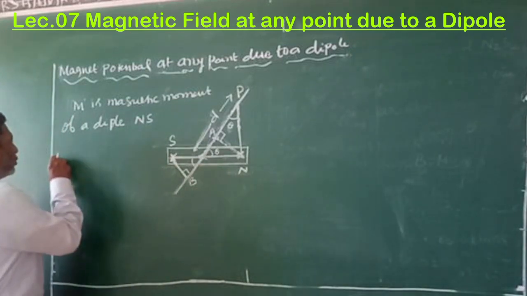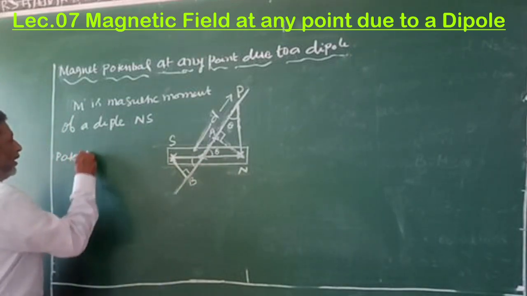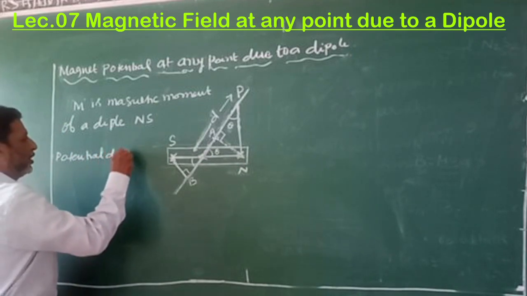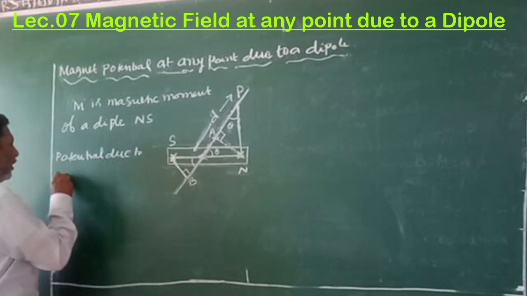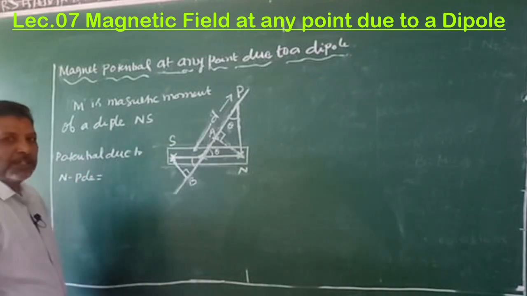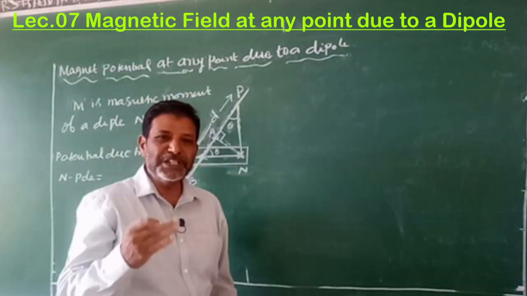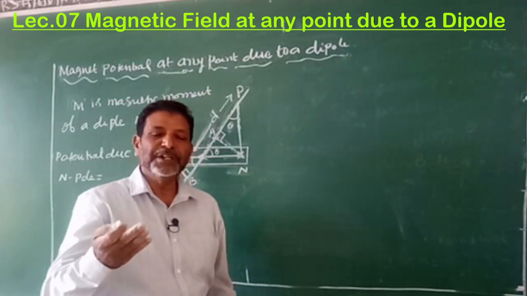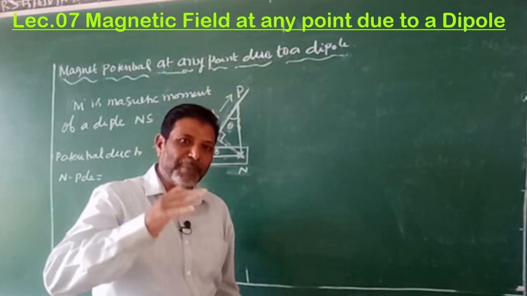Potential due to the north pole is equal to the general formula of the potential at a point due to a magnetic pole.